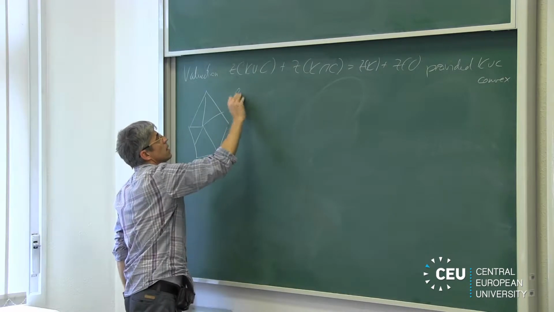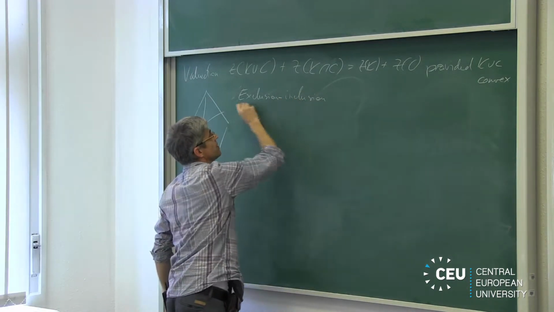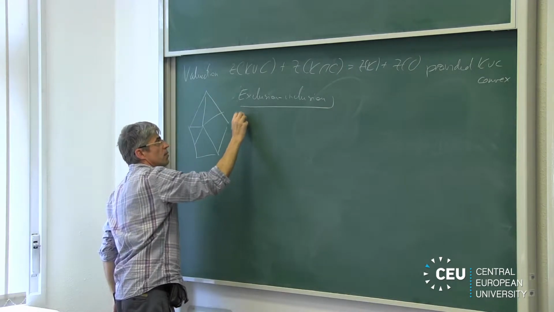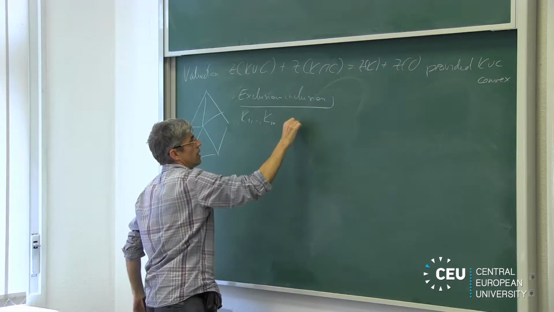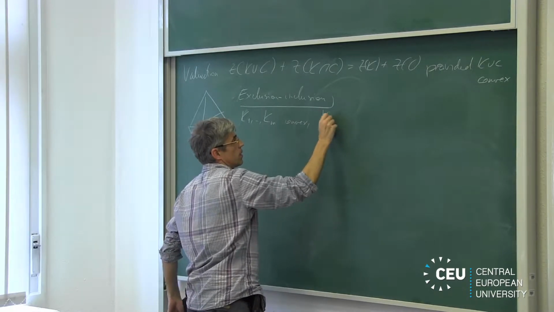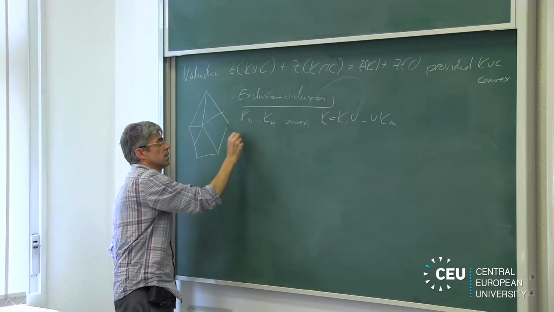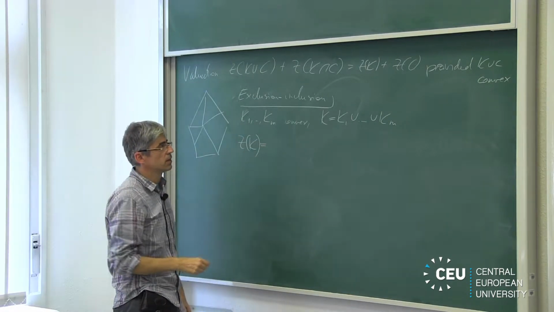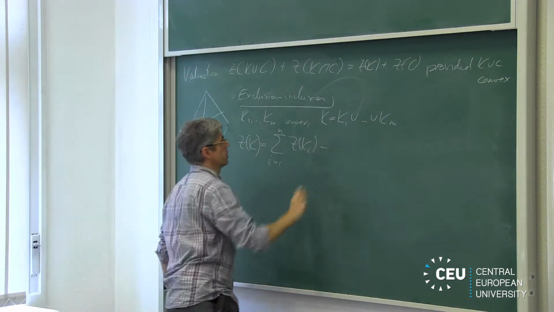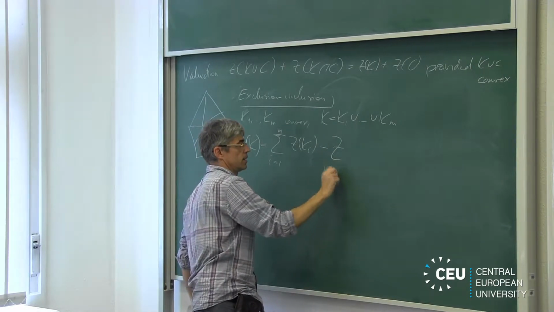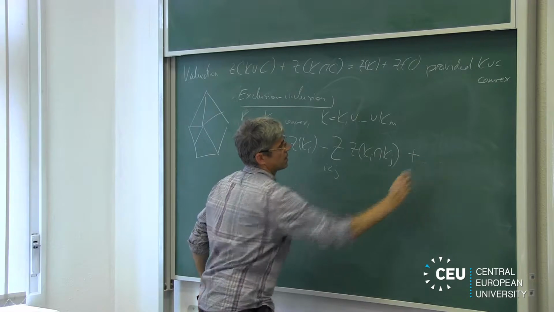If K1 up to Km are convex and K is their union, then Z of K can be written as the sum over i from 1 to m of Z of Ki, minus the sum over i less than j of Z of Ki intersected with Kj, plus and so on.